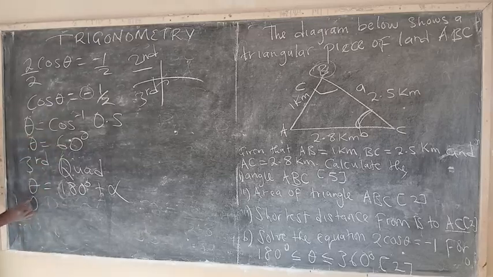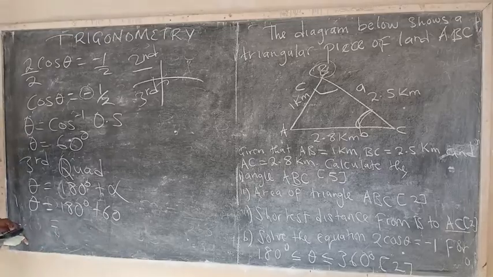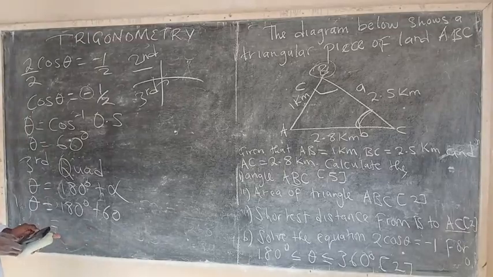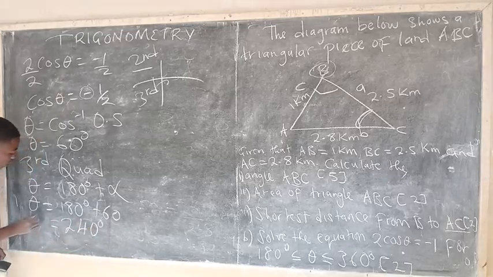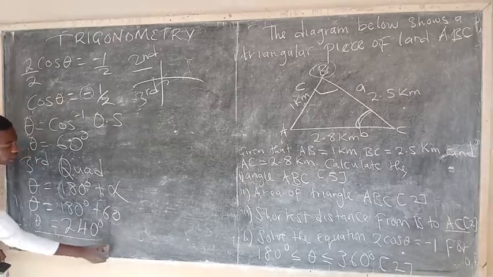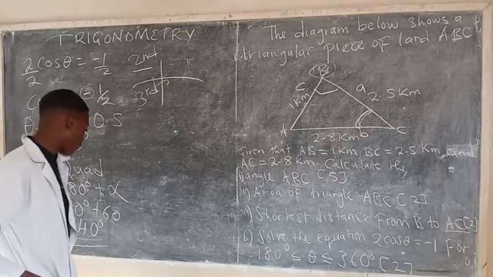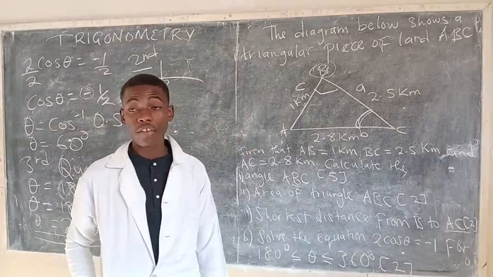So we are going to say our theta should be equal to 180 degrees plus 60. So when we add the two, this gives us 240 degrees. So our theta is equal to 240 degrees with respect to the condition that they have given us.